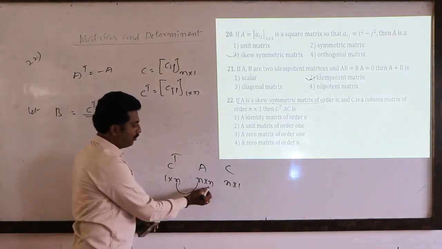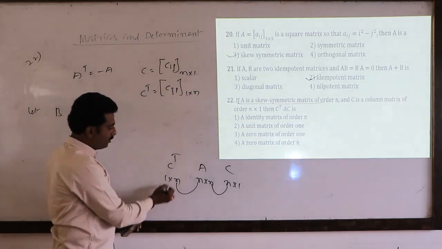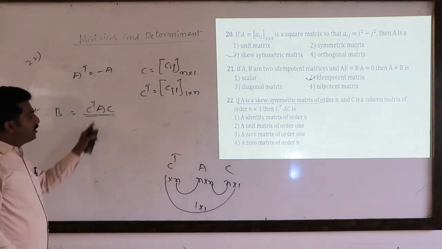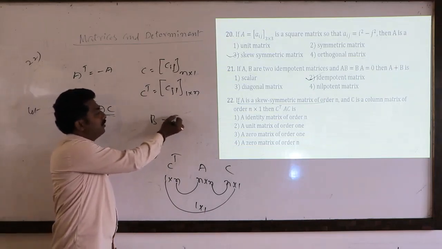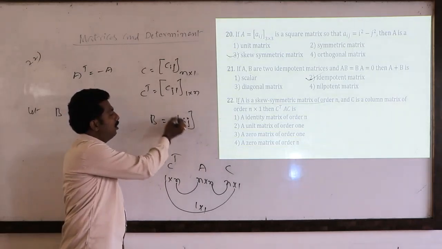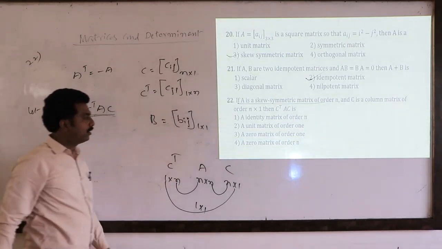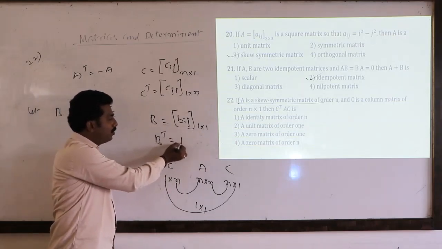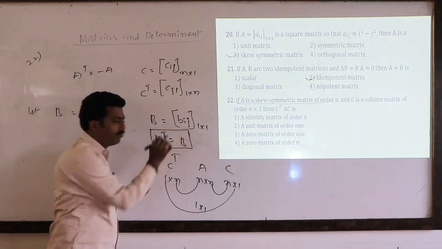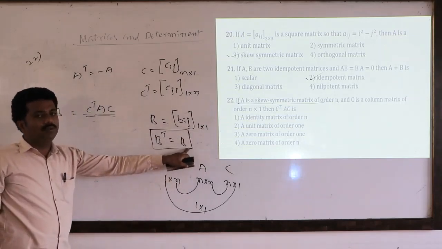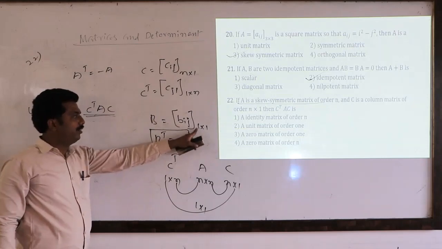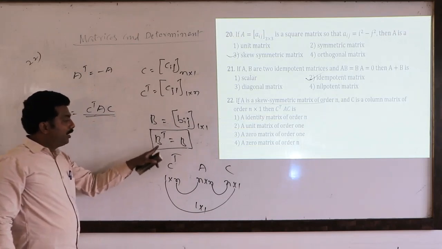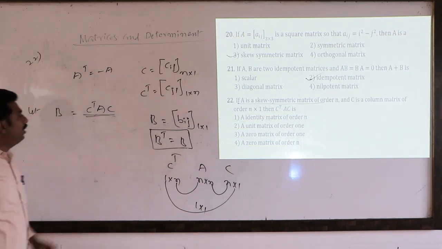Rows and columns cancel, so the resultant matrix is 1 by 1. So B is always a 1 by 1 matrix, which means B transpose equal to B only. Remember that point. Any matrix with only one element, a singleton matrix, always has B transpose equal to B.